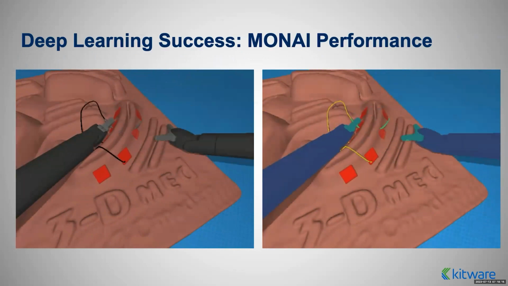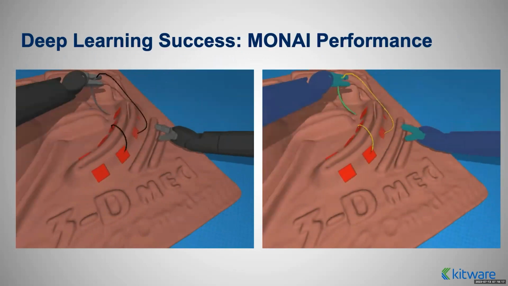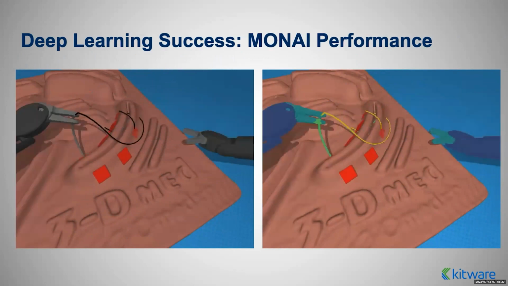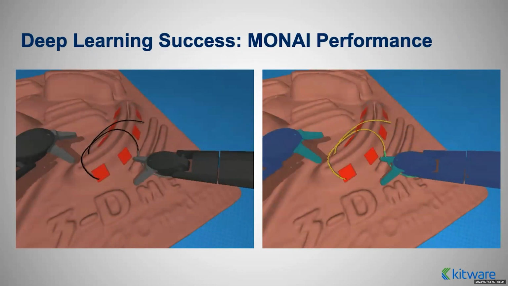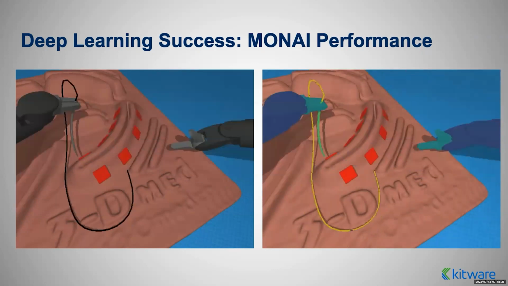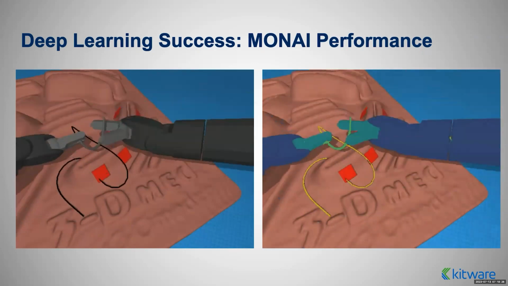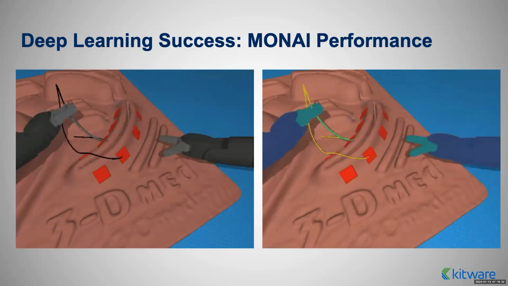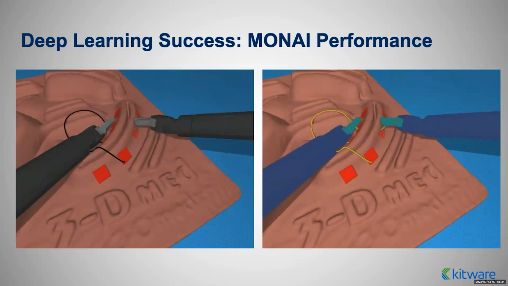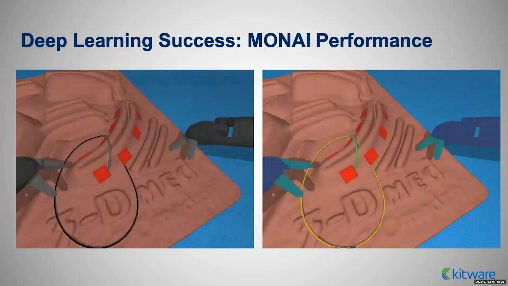If you tried to write this using traditional segmentation techniques, distinguishing that needle from the grippers that are being segmented is very hard. Doing this in real time, very hard, but it's something that we can all imagine coming up with a deep learning system that does this. And so the performance is there on so many levels.